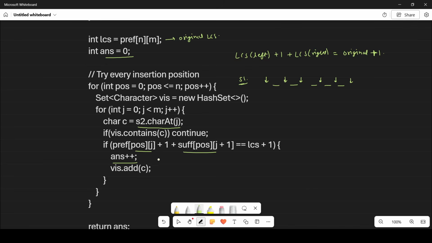And most of you may think now why I use this additional visited set, to track that we don't add the seen characters into our string more than once. So let's discuss this with a test case. Now let's say your string S2 contains duplicate characters. So the character c will be inserted the same character more than one time. So that's why your answer will increment by more.